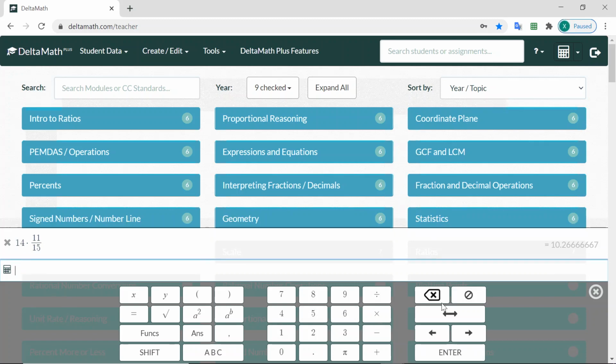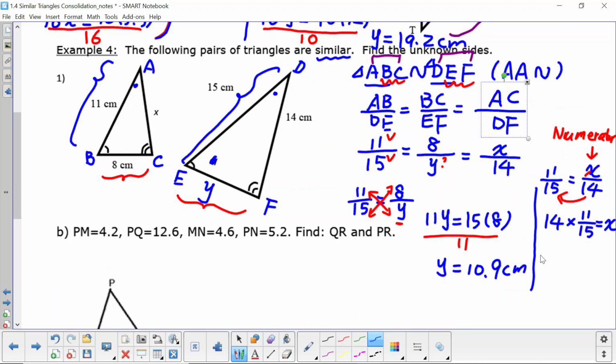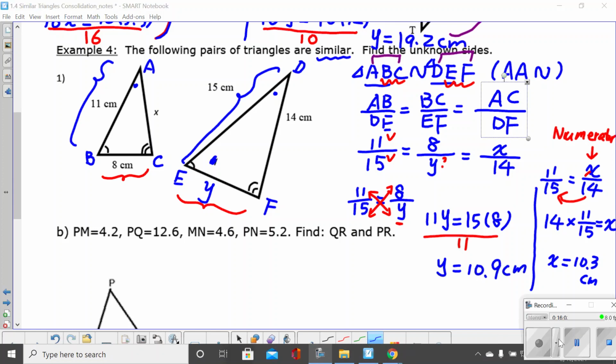Then you have 10.266. We want to keep one decimal places, the next digit is 6. If the next digit is 5 or above, you are going to round up by adding 1 to this digit. So it will be 10.2 plus 1 is 10.3. X equals 10.3 centimeter. So this is for this question.